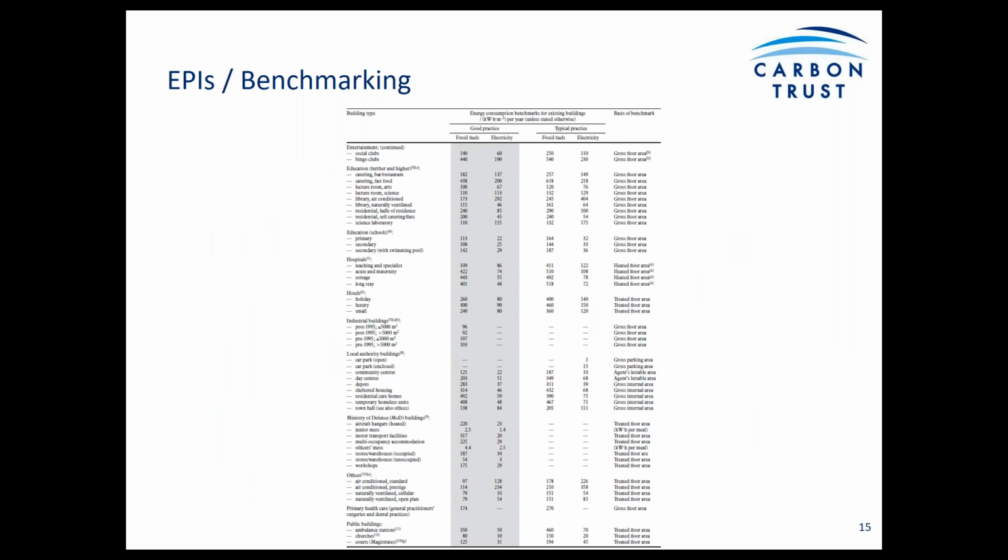And just to give an example of what we mean there, on the slide here, we can see a screen grab of some of the CIBSE figures.